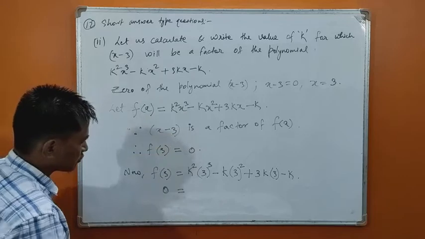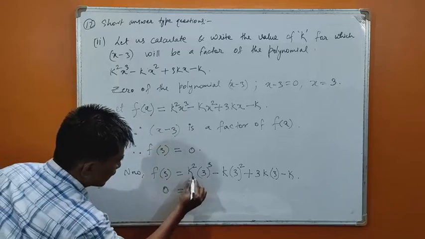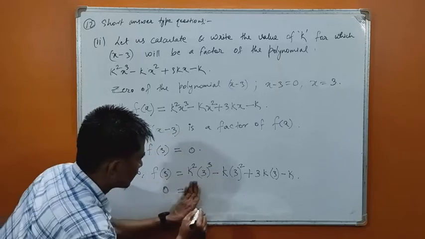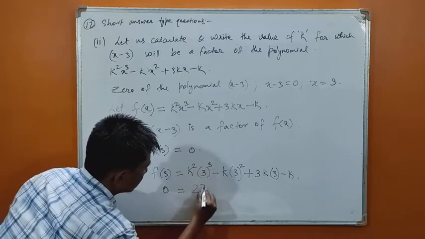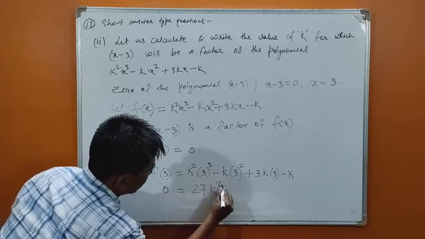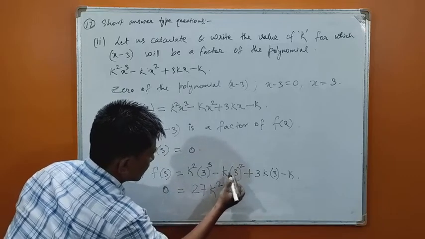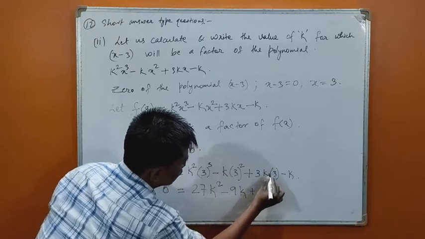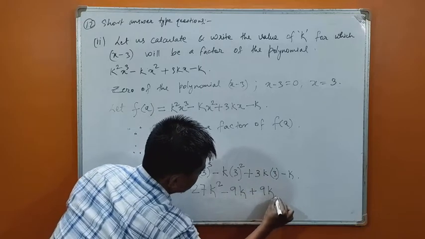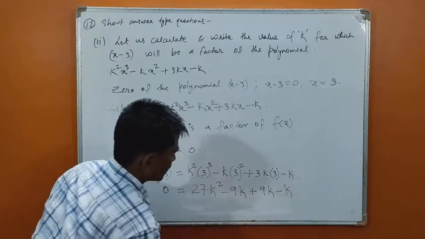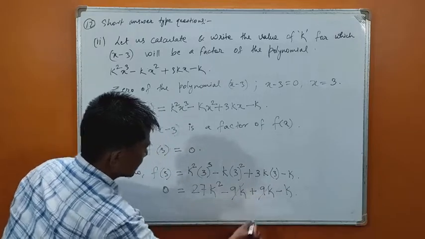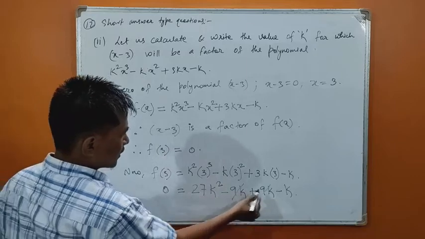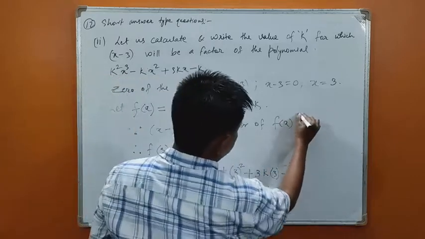So f(3) is 0. k square, 3 cube means 27, 27 k square. 3 square is 9, 9 into k is 9k, minus 9k plus 3 threes are 9k, minus k, isn't it? So this minus 9k and plus 9k can be cancelled. We have 27 k square minus k. Let me do it here.